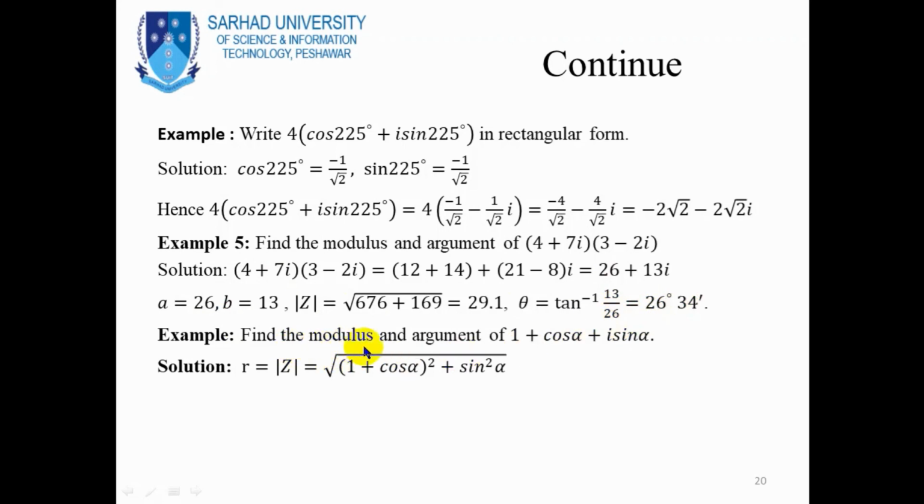Now to find the modulus and argument of the complex number 1 plus cos alpha plus iota sine alpha. First of all, taking the magnitude. Square root of the sum of the squares of the real part and imaginary part. The real part is 1 plus cos alpha and the imaginary part is sine alpha. So square root of 1 plus cos alpha whole square plus sine square alpha.